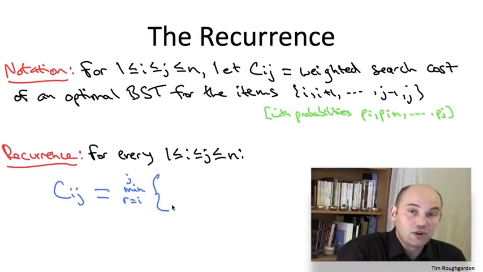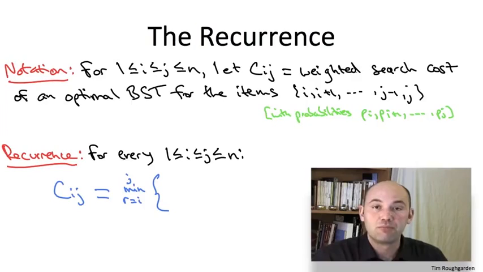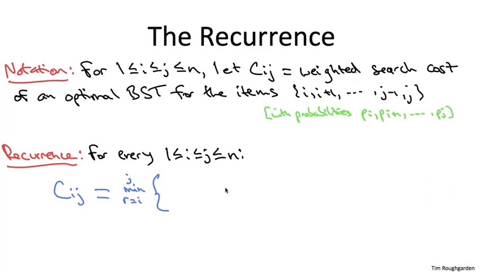And given a choice of r, we're going to inherit the weighted search cost of the optimal solution on just the prefix of items i through r minus 1. So in our notation, that would be C of i, r minus 1. Similarly, we pick up the weighted search cost of an optimal solution to the suffix of items, r plus 1 through j.